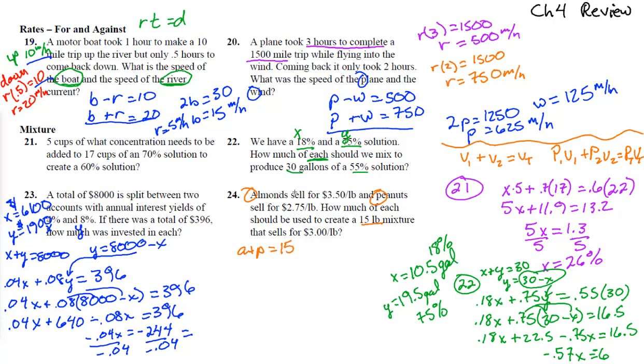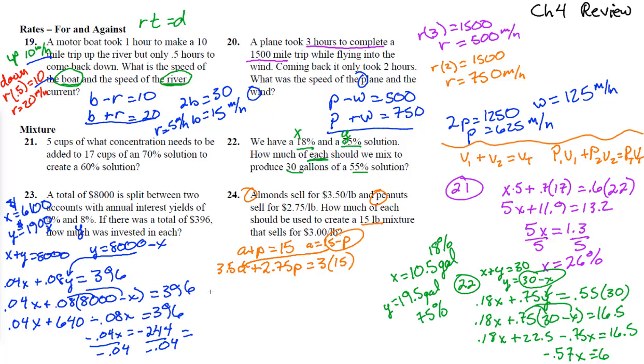And the next one, we know that 3.50 for the almonds plus 2.75 for the peanuts has to equal $3 for the 15 pounds total. Notice that the whole mixture has to cost $45, and we need to figure out what ratio will do that. So substitution, this A is going to be 15 minus P. Stick it in right there.